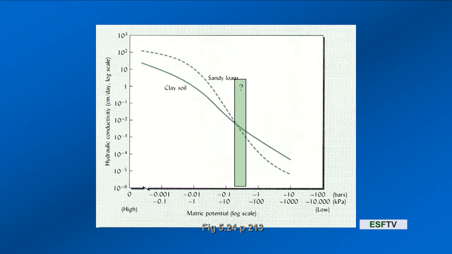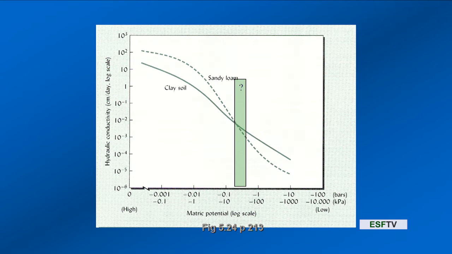If I look down and try to understand what's special about that inflection point, where those two things change, you should recognize that that is about the potential for field capacity.